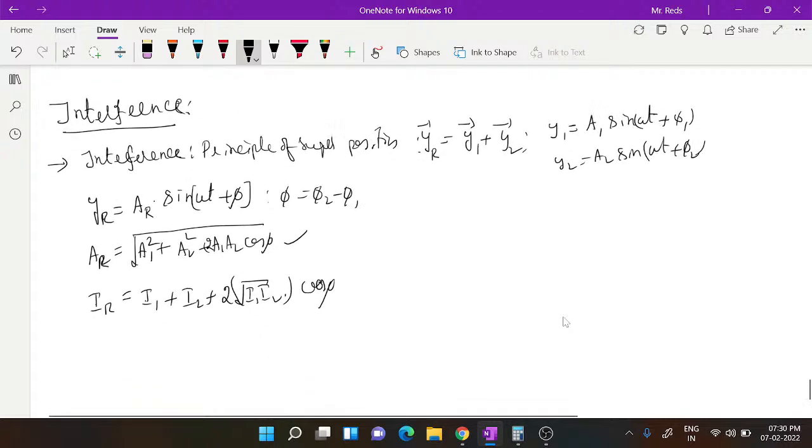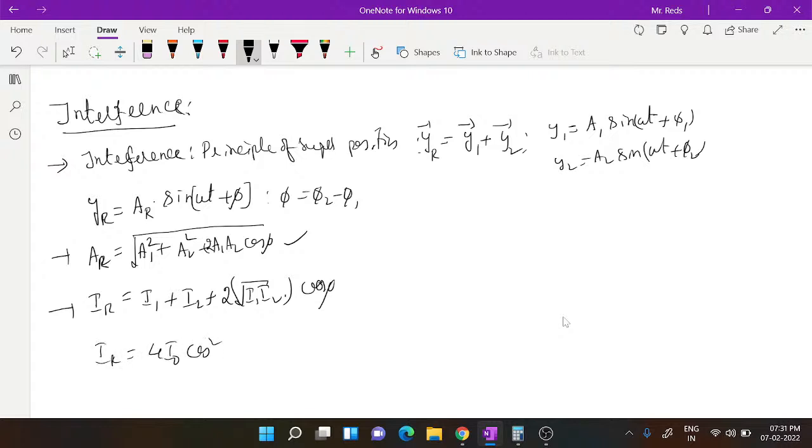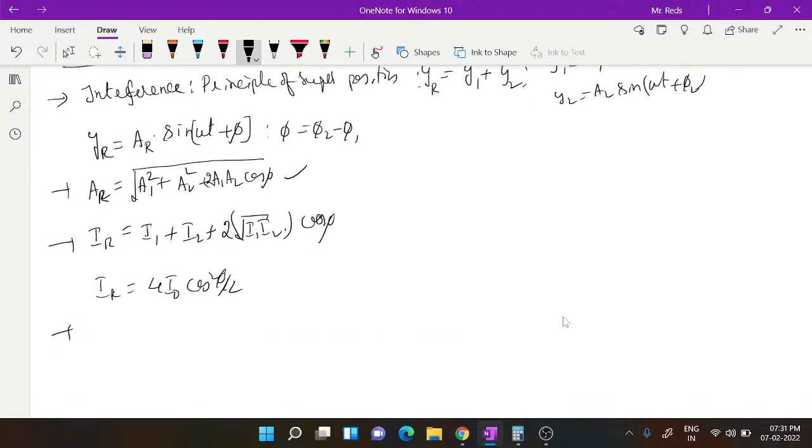Some special cases also try to write here, only the formula, not the detailed discussion. Special case: when I1 equals I2 equals I naught, then IR is equal to 4 I naught cos square phi by 2. Here you should also remember the relation between phase difference and path difference: delta phi is equal to 2 pi by lambda into delta x.